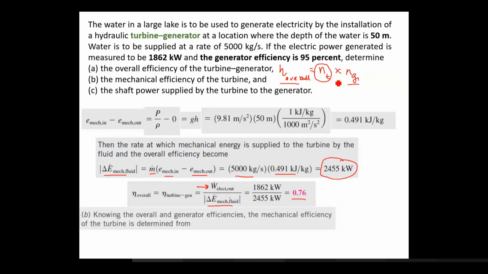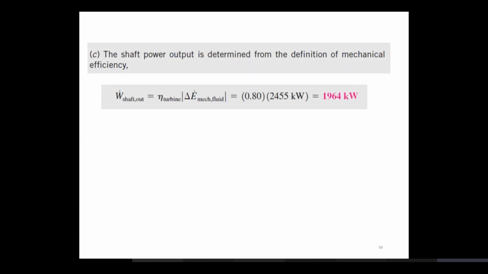Yes, sir. All right. So the efficiency of the turbine would be essentially the overall efficiency divided by the efficiency of the generator. This would give you the efficiency of the turbine. And once you know the efficiency of the turbine, you have to calculate the shaft power supplied by the turbine to the generator. And what is the formula?